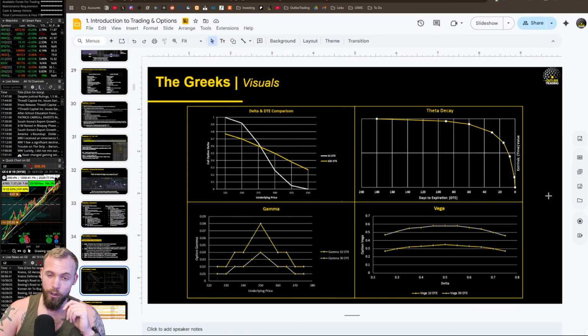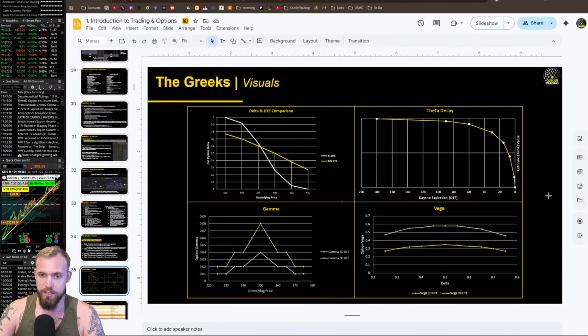Yet, if I go too close in time and the move doesn't happen quick enough or with enough magnitude, understanding Vega against theta, I can still lose money. So it's about finding a balance that gets you closest to the optimal expression for your idea.